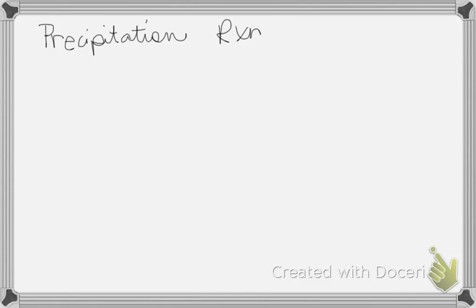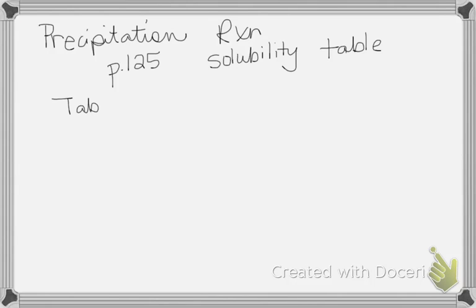How do you know if a solid is formed? Well, you need to look in your book on page 125. There is a table called a solubility table. And if you don't have a book, you need to look on with somebody because you are going to need to look at the solubility table. Table 4.2 lists soluble stuff.